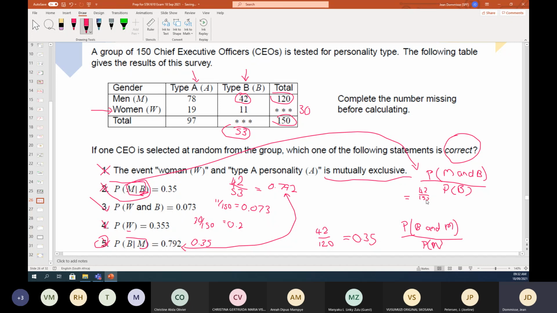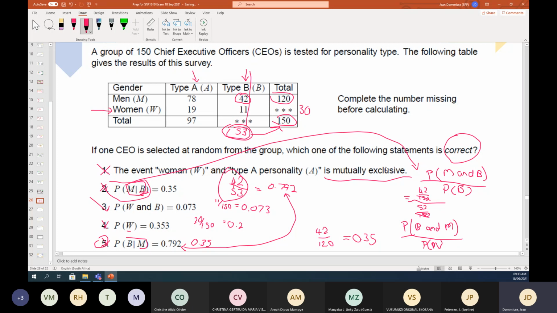If I just ask you what the probability of B is, it was the total of B divided by the total, so it would have been 53 divided by 150. And the 150s cancel out, so that's why I just do the shortcut route.